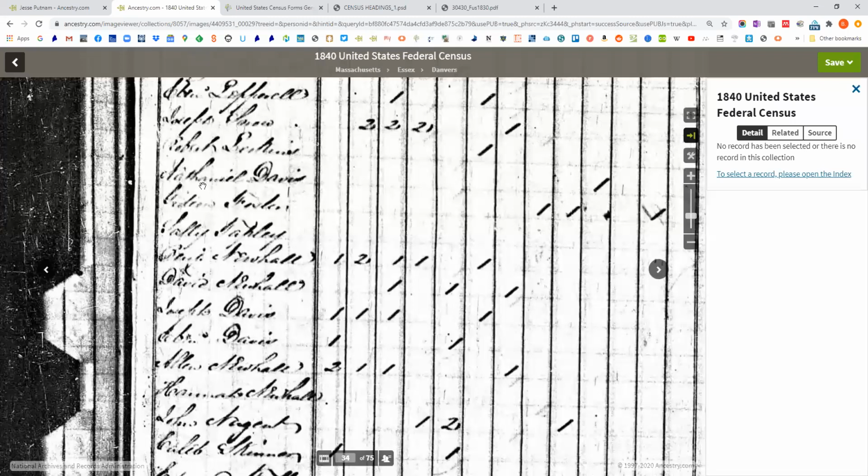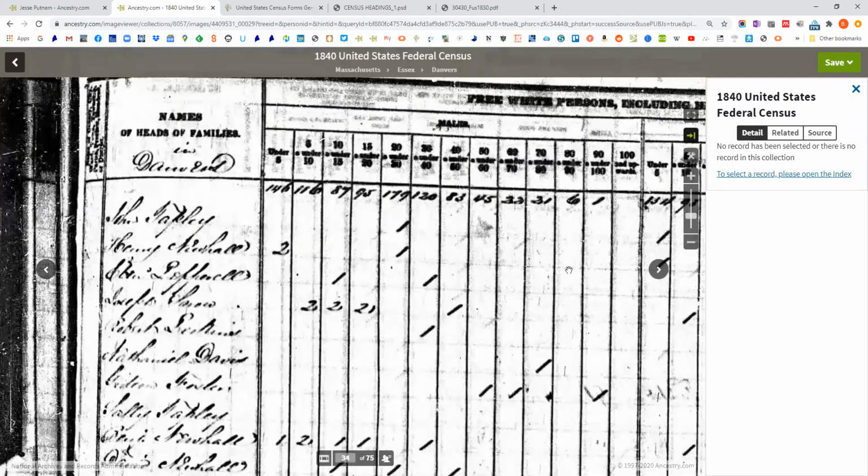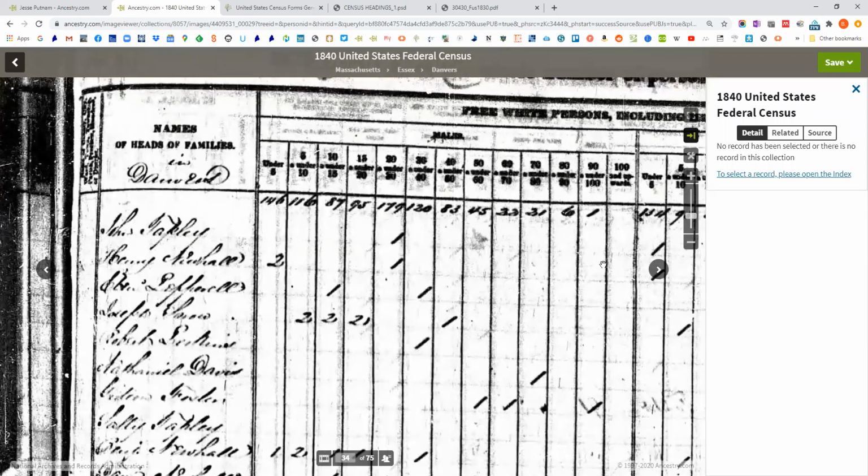Anytime you have anyone in 1840 who is over about 50 years, it's worth looking because, as I said, some of the census takers did actually put widows there. And you get people who are both Revolutionary War and War of 1812 veterans, and sometimes some of the other minor conflicts that happened before that.